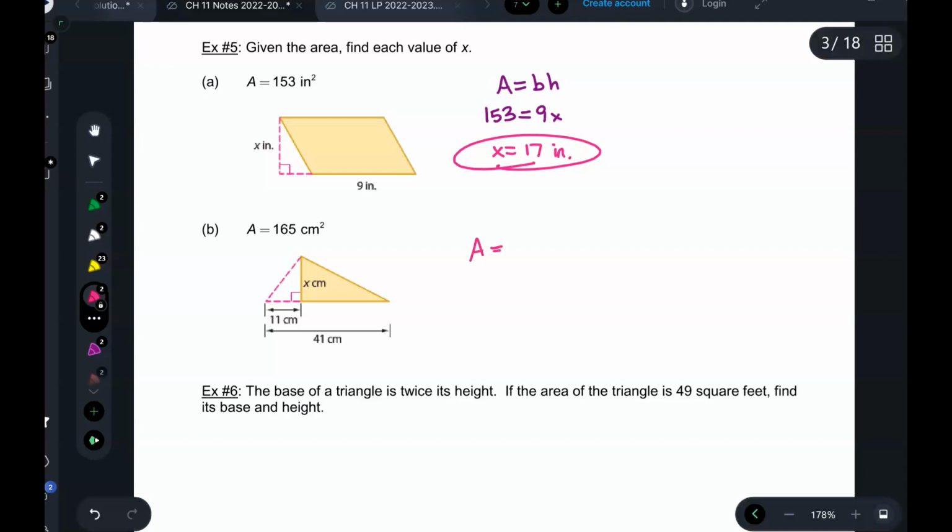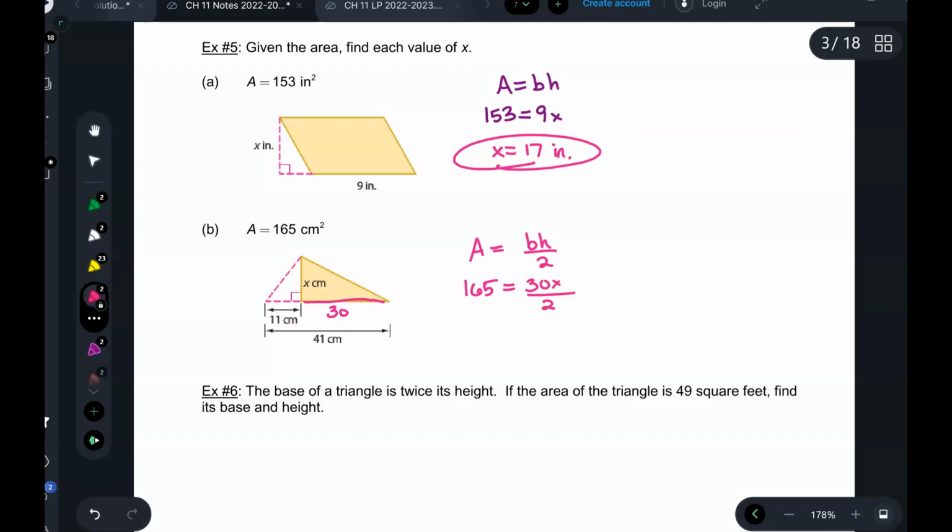Okay, this is a triangle, so it's base times height divided by 2. Right, so we know the area is 165. What's the base? 30. Wait, the whole thing? No, just this part. 30 times x over 2.